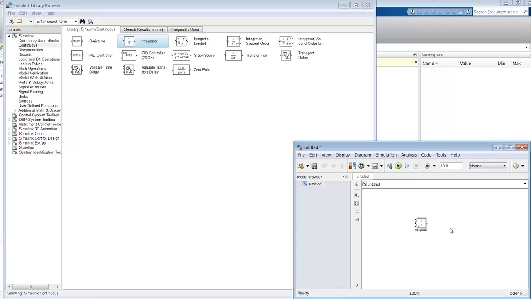In order to generate such a signal, we use a switch function block that, depending on its input, forwards one of two input values.